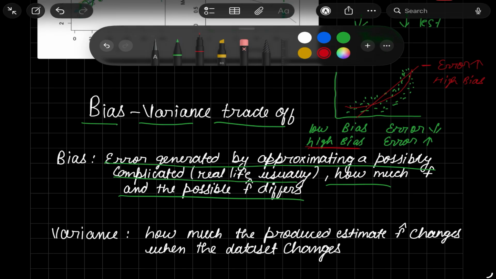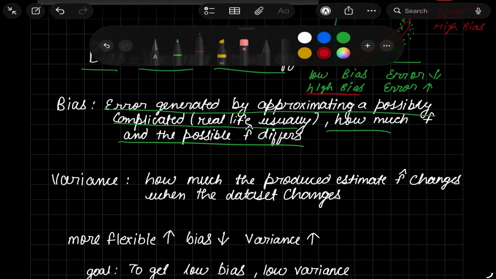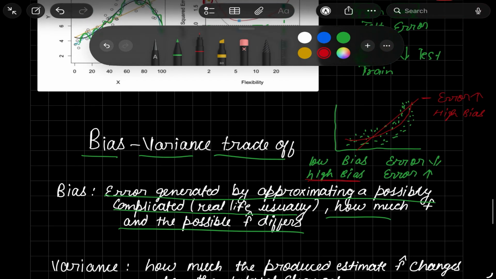So bias is simply how much the data differs from what we have assumed. If we assume the data is linear and fit a linear model on it, then our bias was correct, error is low, and the bias is low. But if the data is curved, or polynomial, or clustered, a grouped data, and we made a linear assumption, then our error is high and our bias is high.